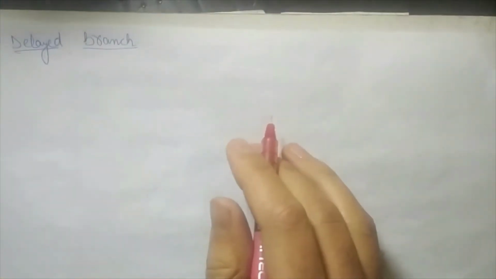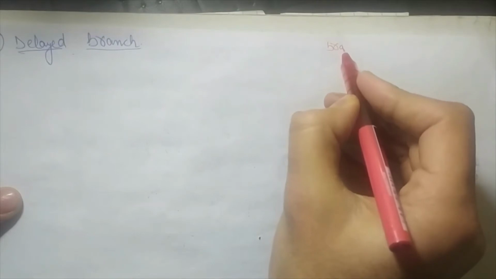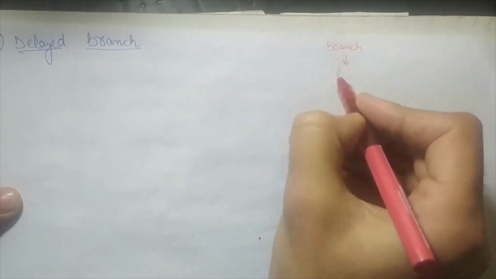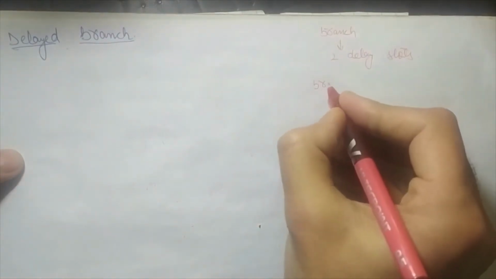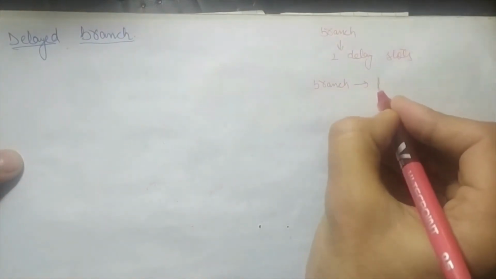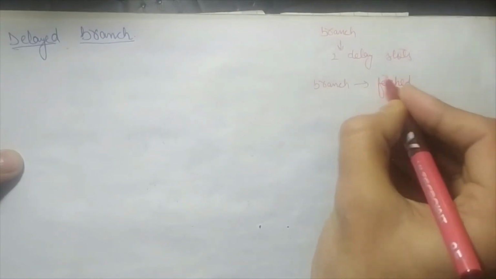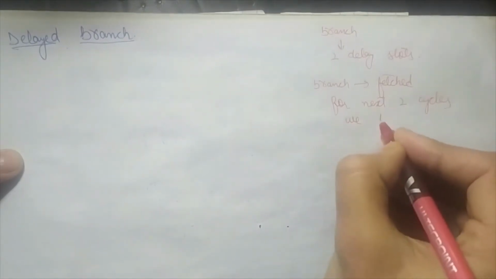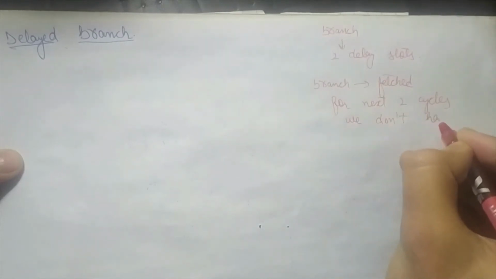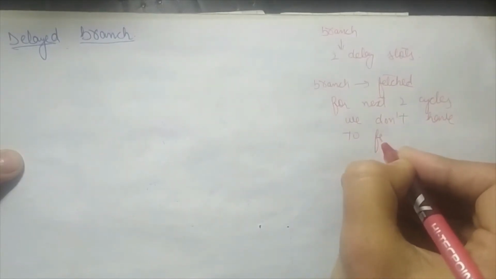Because of a branch instruction, there are two delay slots. Or in other words, whenever we have a branch, this instruction is fetched, then for the next two cycles we don't have to fetch anything.